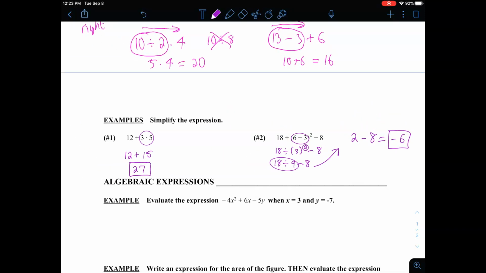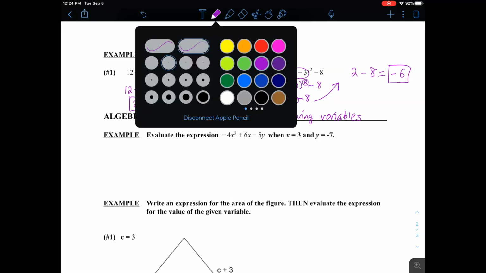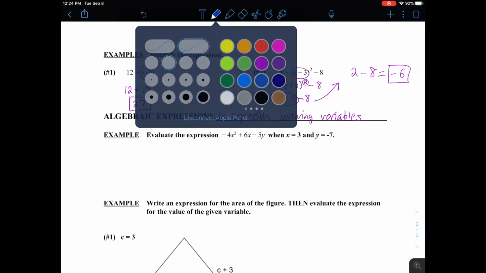Okay? And then an algebraic expression is an expression involving variables. So we have negative 4x squared plus 6x minus 5y when x equals 3 and y equals negative 7.